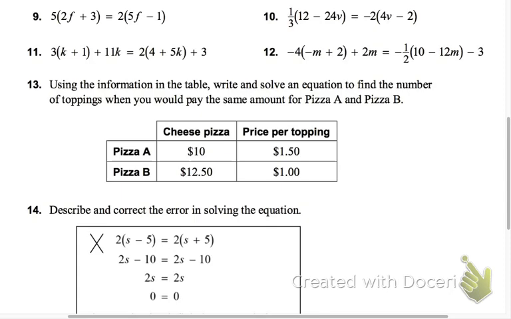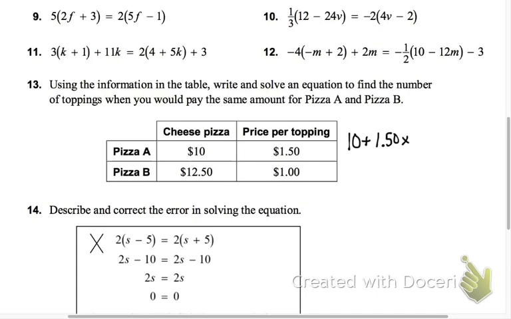X is the number of toppings. That's what's going to change. The cheese pizza is not going to change because we're just going to compare one pizza total. So I'm just going to have 10 plus 1.50 x, t, p, whatever you want to call it.